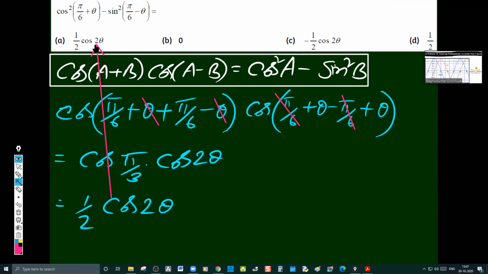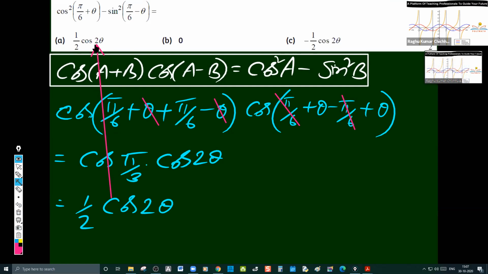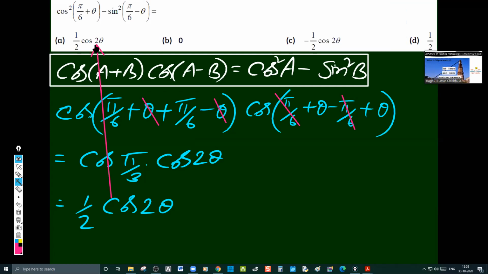Cos of A plus B into cos of A minus B is equal to cos square A minus sin square B. One more extension is also there. Cos square A is 1 minus sin square A, and sin square B is 1 minus cos square B. Then it is not only cos square A minus sin square B, but also cos square B minus sin square A. Come on, read it again.